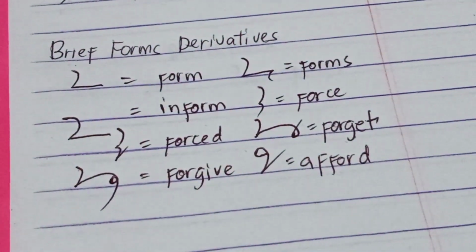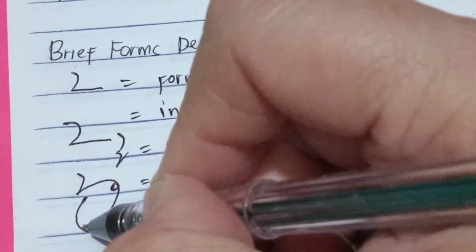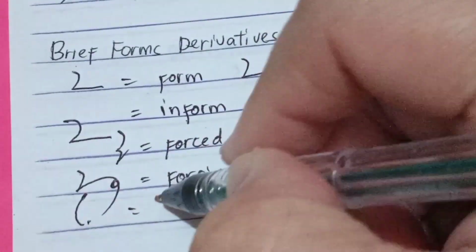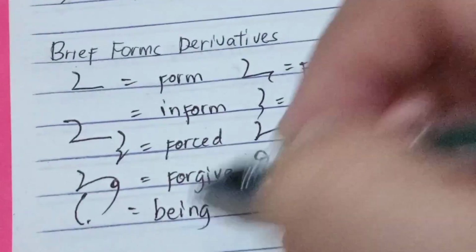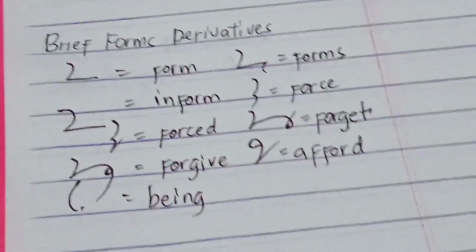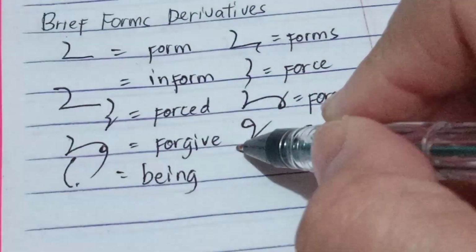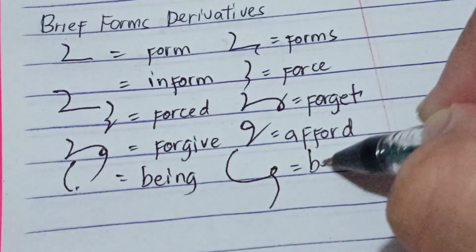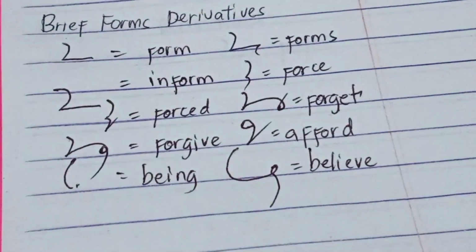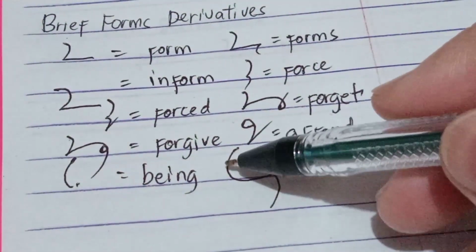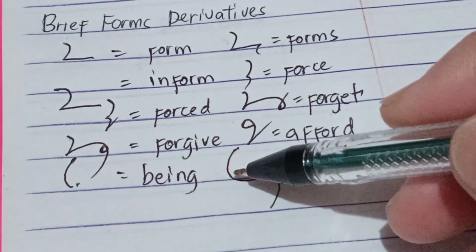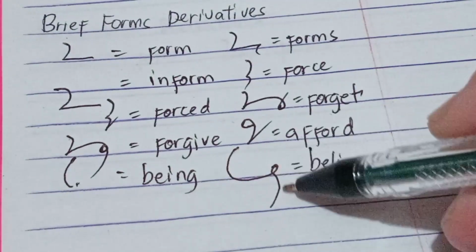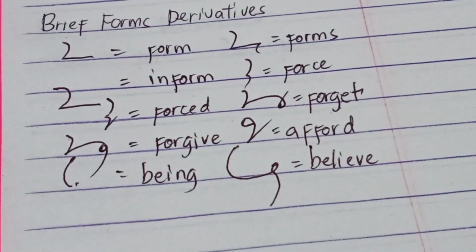Okay? If I write B, tsaka ing, so ito po ay being. Okay? If I write B-L-E-V, so this is believe. This is B. Ayan, saan ang B? Ito. This is the L, E, and the V. Okay?